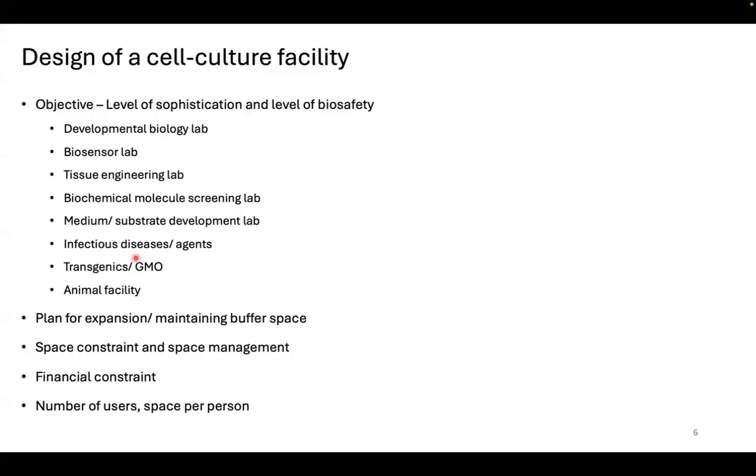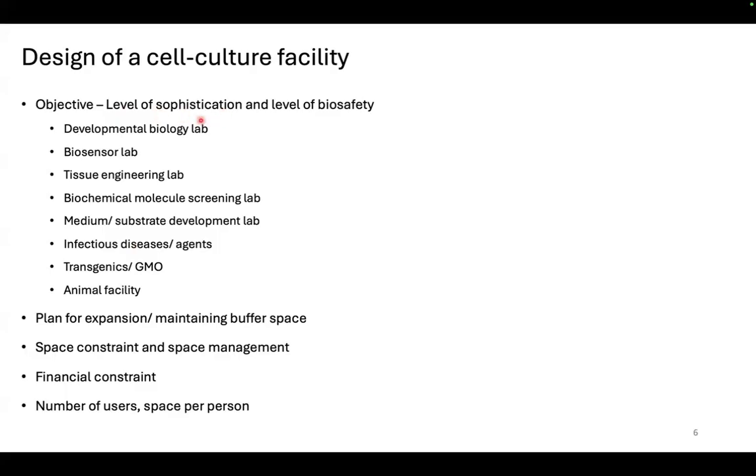Of course, you can never say that there is absolutely zero chance that an infectious agent escapes. Okay. But you have to minimize that as much as possible. A lab that does cell culture, which is just working with cells and not an infectious agent, can have a little bit more leniency, right?